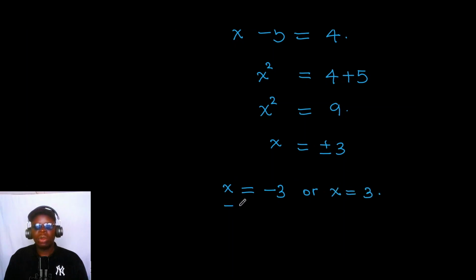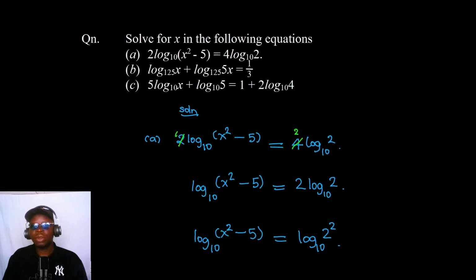And all these answers are valid because, if we need to prove it, we move back to our question and consider the left hand side, and that is twice log to the base of 10 of x square minus 5. Then you know that this 2 can be raised up there, and we have log to the base of 10 of x square minus 5 squared.